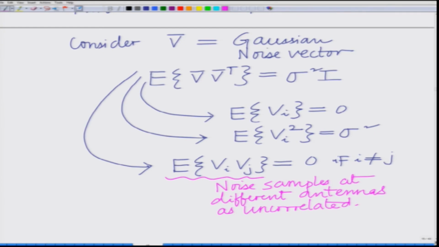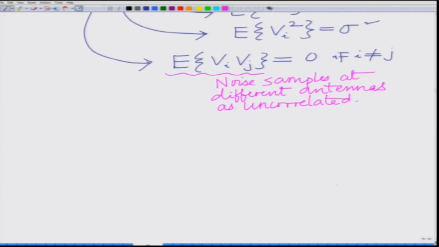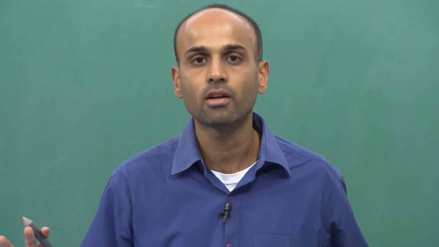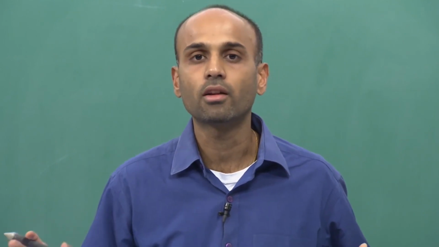So, we have now described the statistics of the problem. We have described the covariance matrix of the channel vector, covariance matrix of the noise vector, and cross covariance of the channel and the noise. Okay.